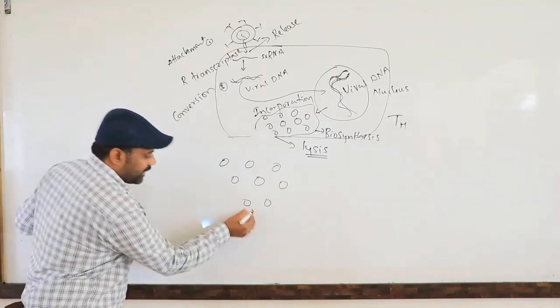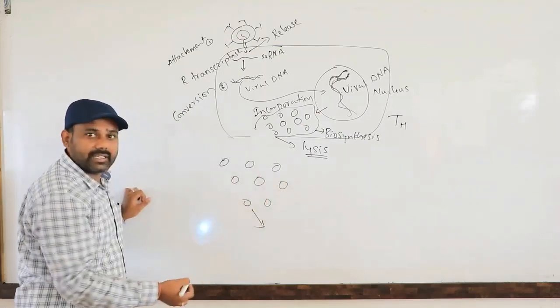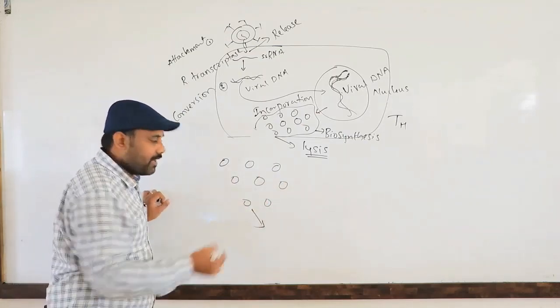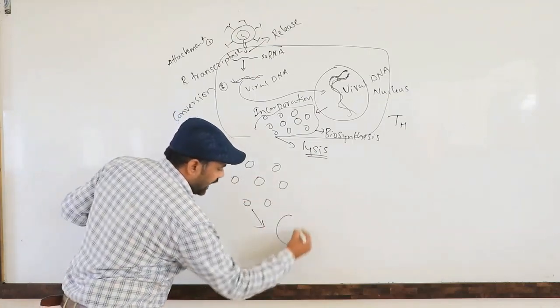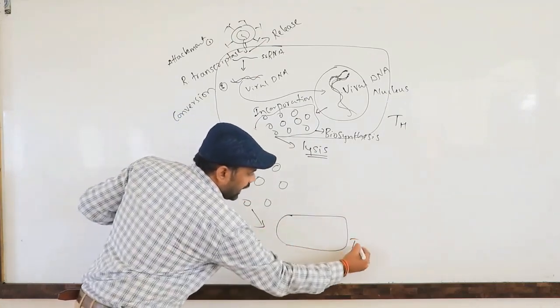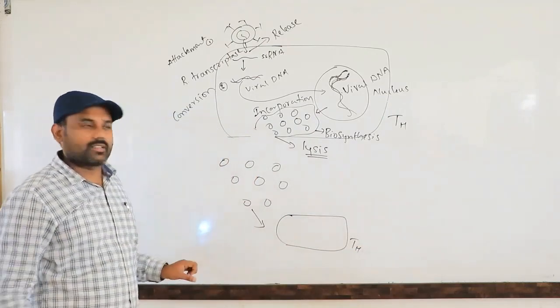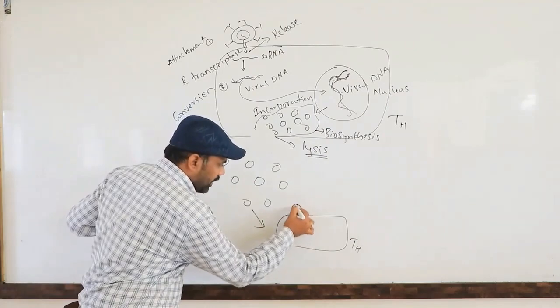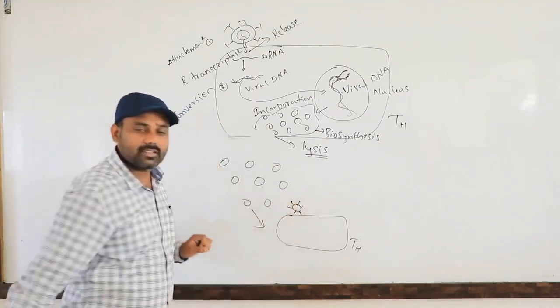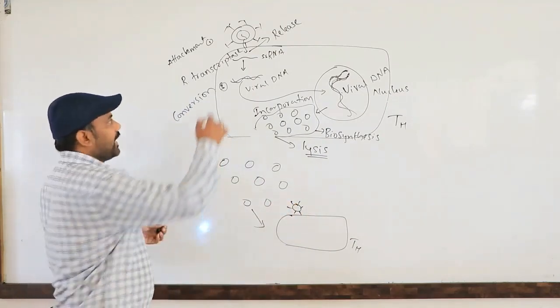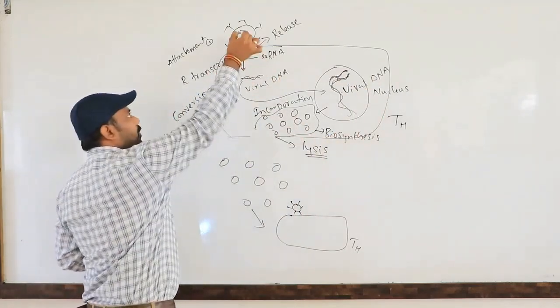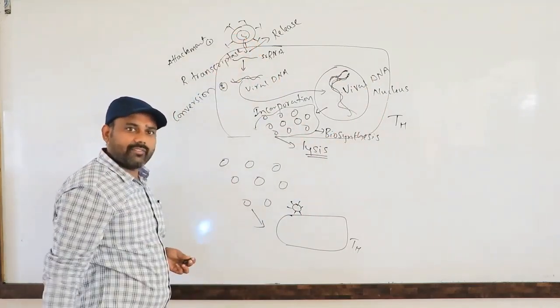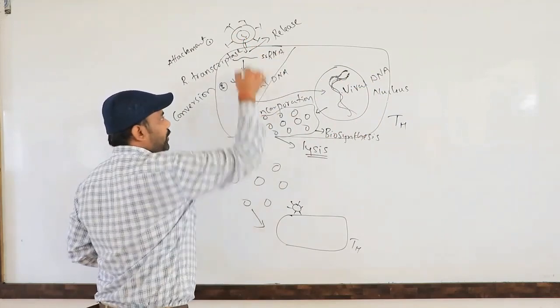Now very important thing is, each and every viral particle is ready to attack one more T helper cell. Clear this? So each and every one is ready to attack new TH cells. It means that when any TH cell is infected by the virus, eventually there is destruction of the T cell.